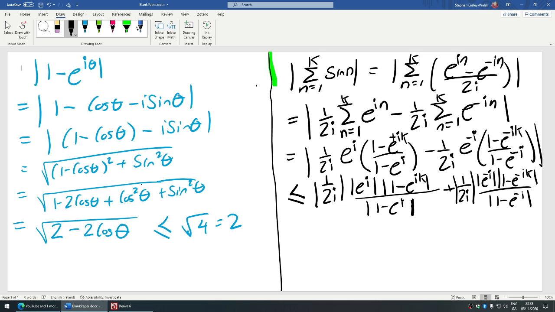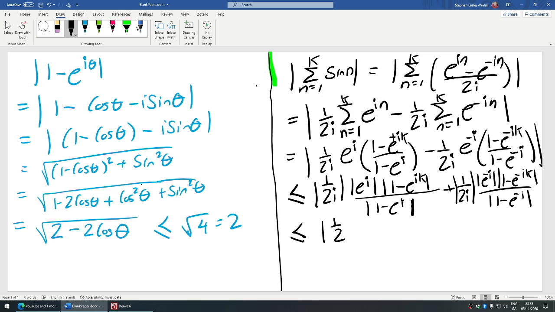This doesn't really have a minimum value, does it? Oh, but I don't have to worry about it having a minimum because in the denominators the theta is 1 here.